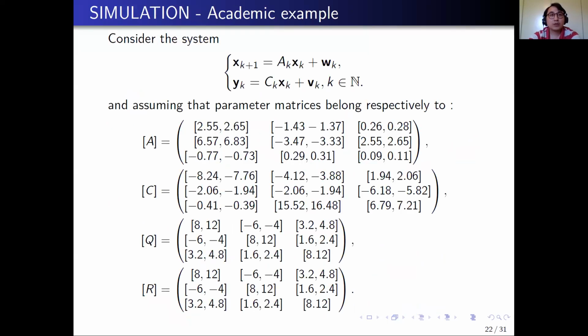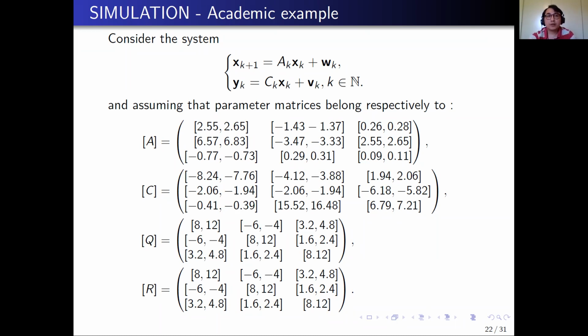Now we go to the academic example by considering the following system without input UK. And we assume that the parameter matrices AK, CK, QK, and RK belong to the following interval matrix C. In this system, the state vector xk has 3 dimensions.